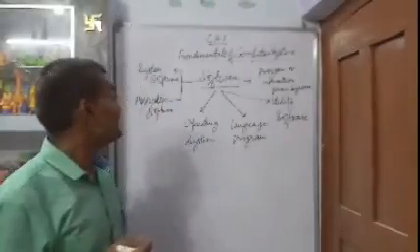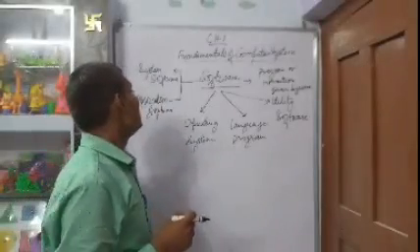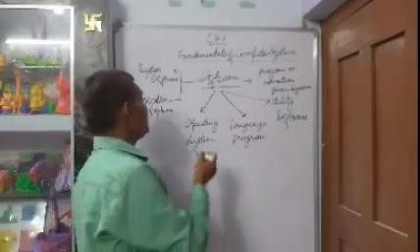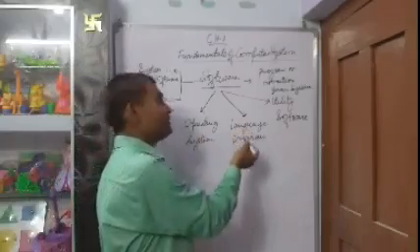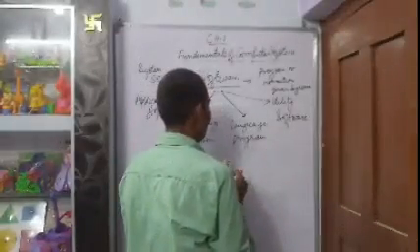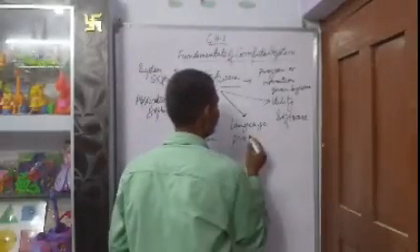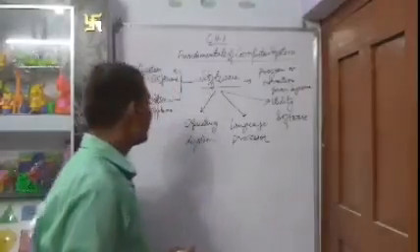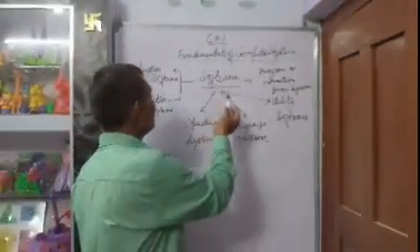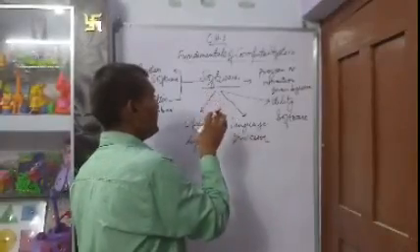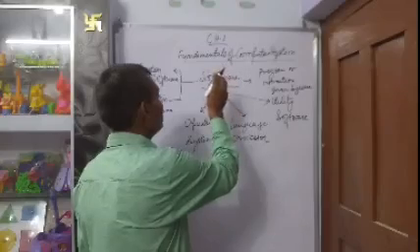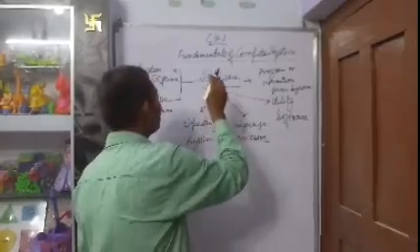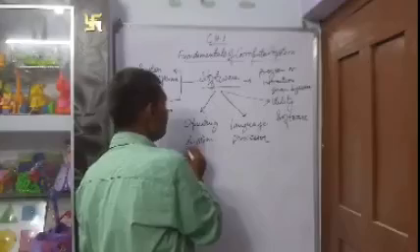There are three types of system software: the operating system, language processor, and third, the utility software. Software is a set of rules, a set of instructions which we give to the computer system. The first system software is the operating system.